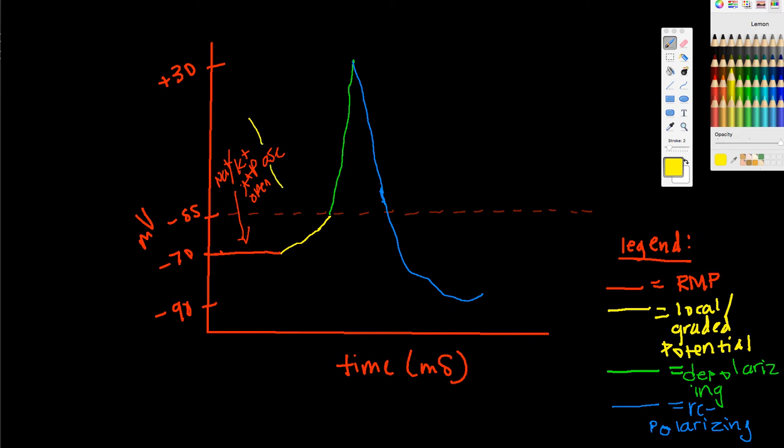During the yellow part, that is ligand-gated sodium channels. That's supposed to be a U. I goofed. During depolarization, this is when voltage-gated sodium channels are open.